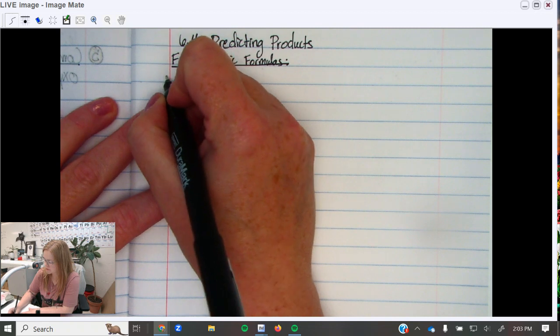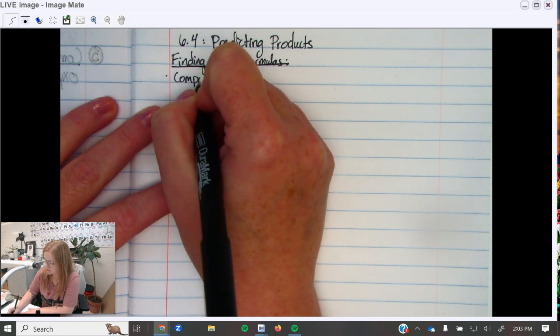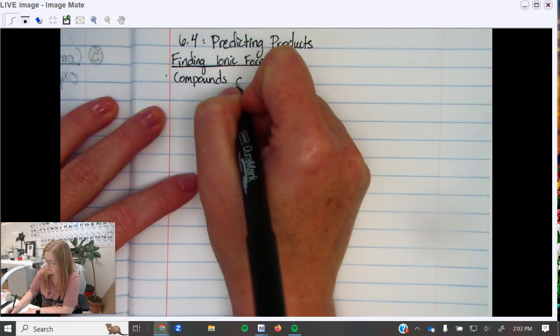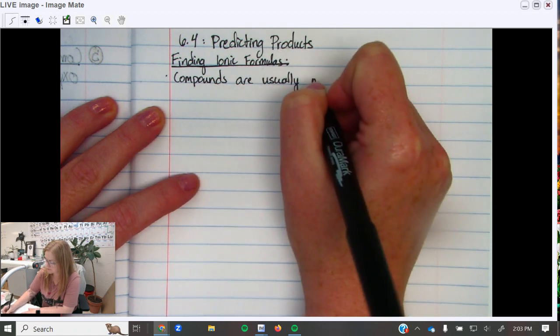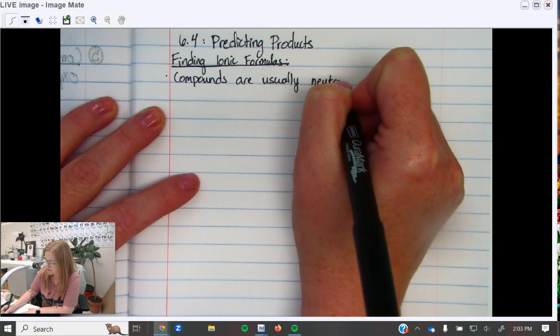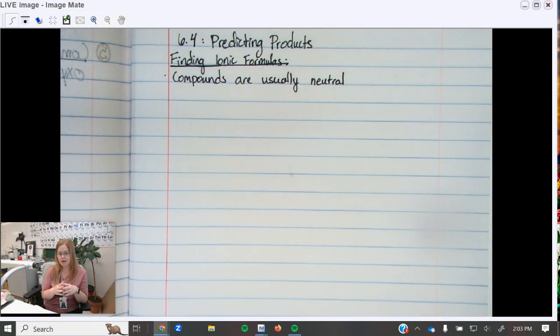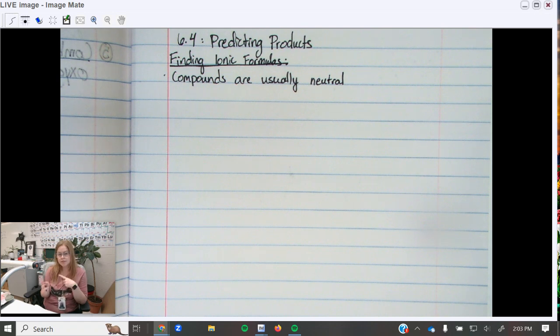So compounds are usually neutral. If they're not neutral, then it will tell you that with a charge. So this means that all of your positives and your negatives need to cancel out when you make a formula.